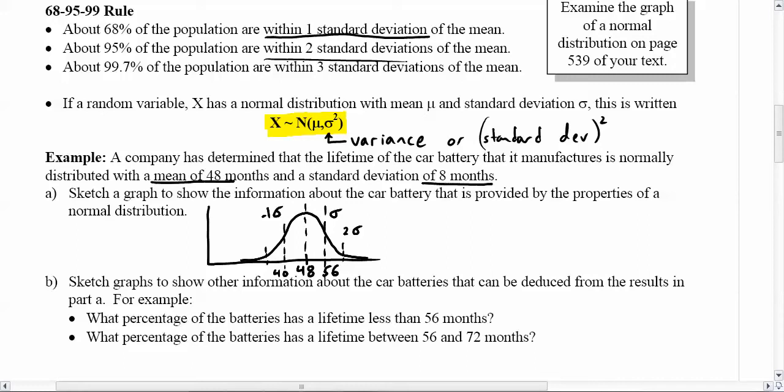So another 8 months after 56 is 64, or 32 on the low end. And then by the time I hit 3 sigmas, I've pretty much covered the whole graph. This graph does actually continue on in both directions, but it's so close to the x-axis that there's pretty much no area underneath it. So 3 sigmas would be another 8 months later. So 72 months and 24 months.